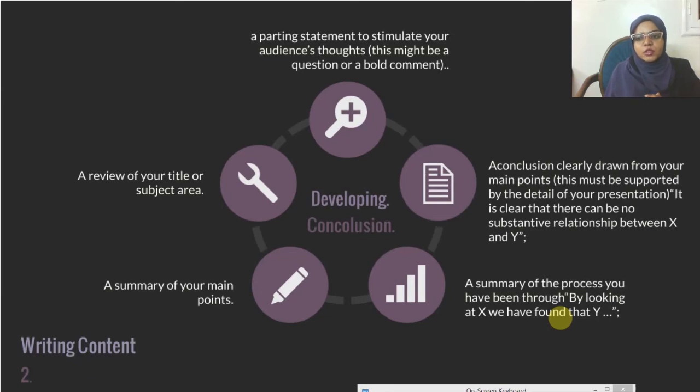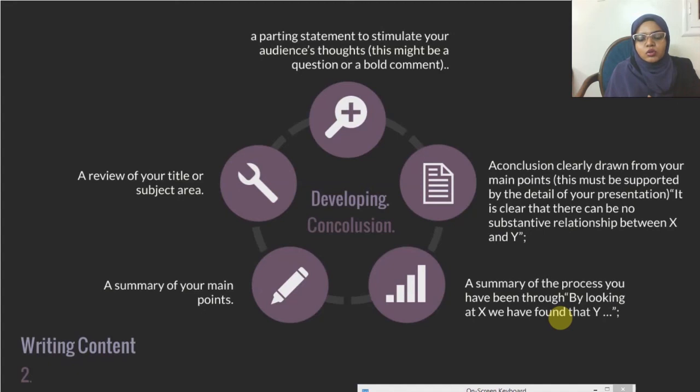This must be supported by the detail of your presentation. It is clear that there can be no substantive relationship between X and Y, for example. So this is a result or an outcome of the material represented in the presentation.